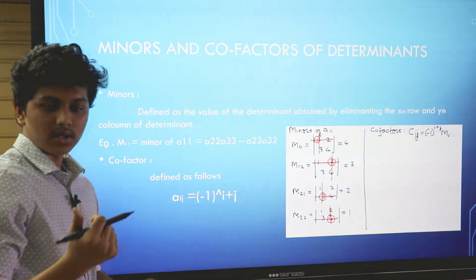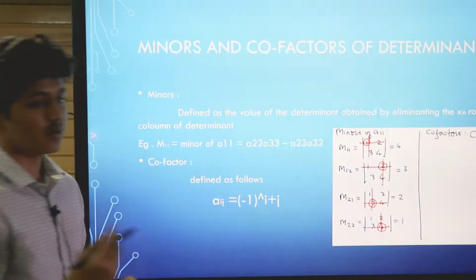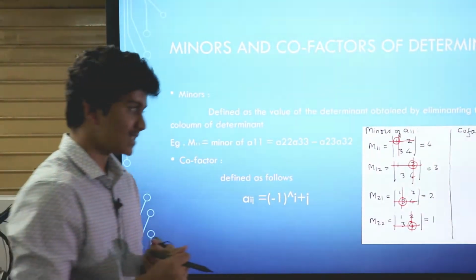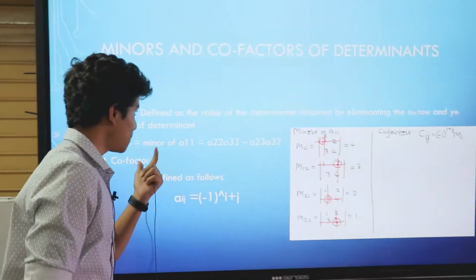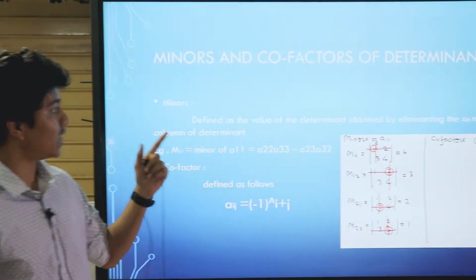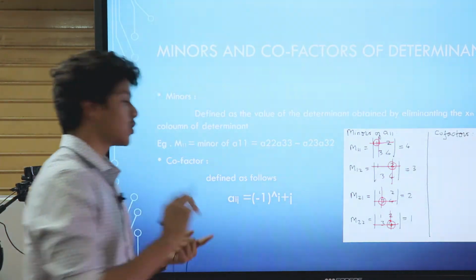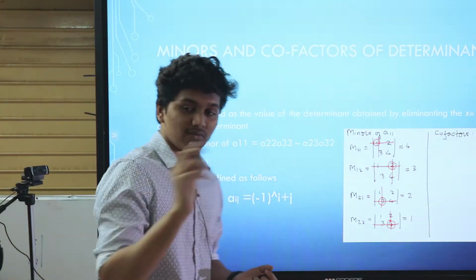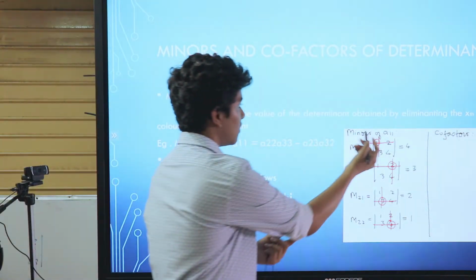Now, the subtopic I was talking about, minors and cofactors. When we talk about solving matrices, these two subtopics come in very handy. They're very important. First of all, minors. Minors are defined as the value of the determinant obtained by eliminating the xth row and yth column of a determinant. Xth row and yth column means any row and any column. Like here, 1 and 1.